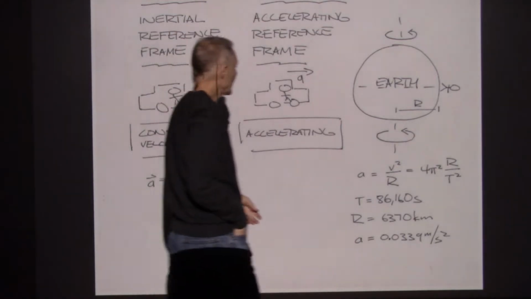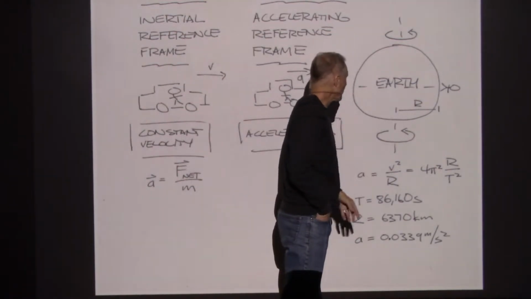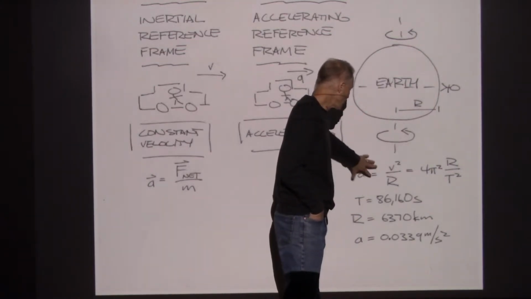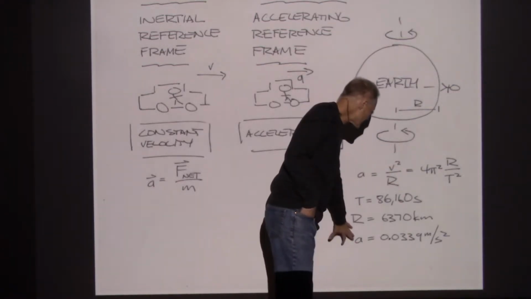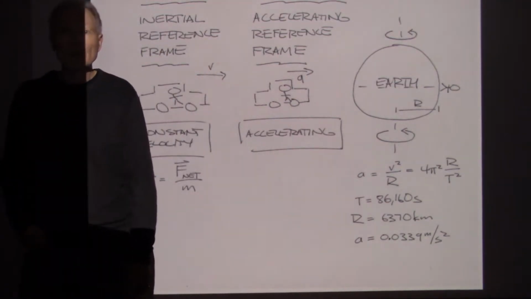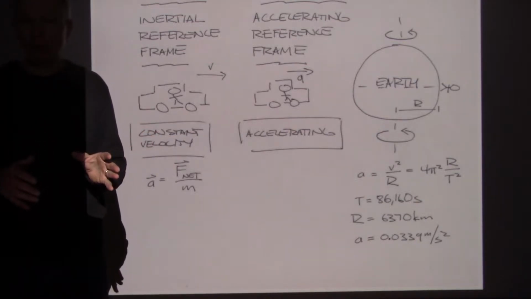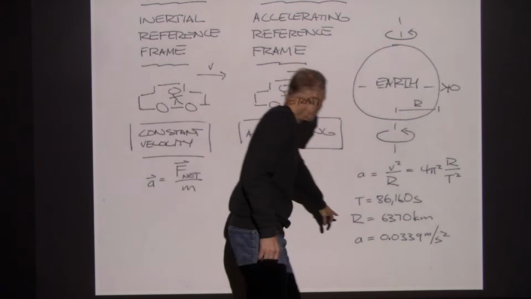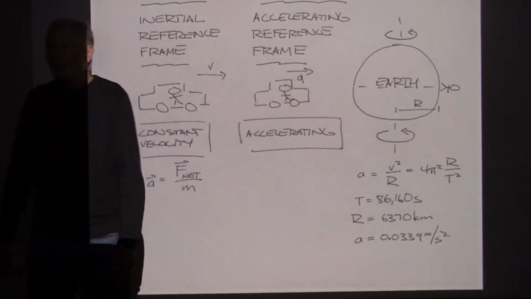We can calculate the acceleration that that reference frame is undergoing, based on formulas that we've developed for circular motion. Due to the rotation of the Earth, we have not brought in orbital motion yet, there is an acceleration of 0.0339 meters per second squared.